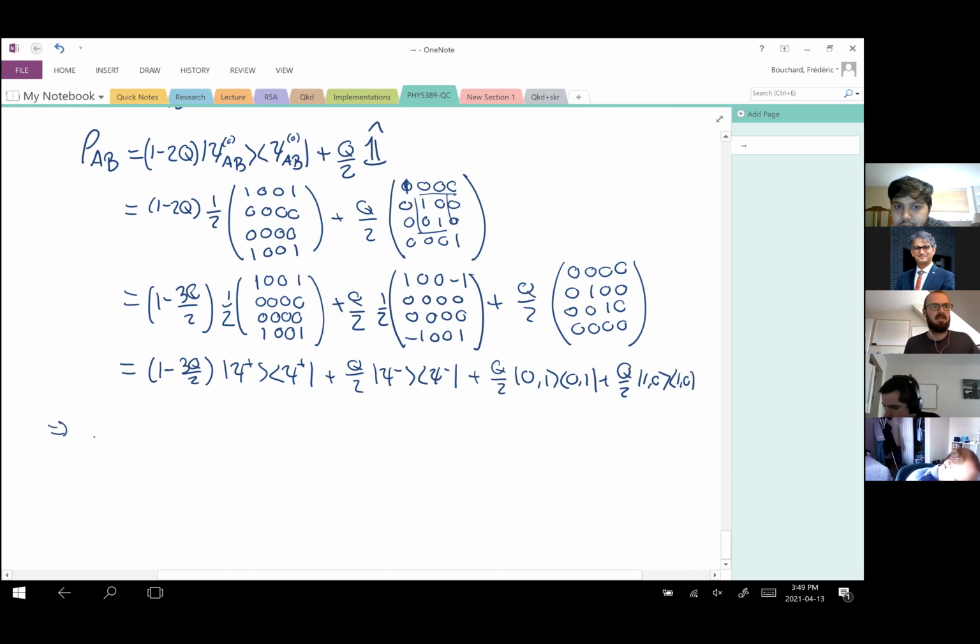So now we can calculate the purification that we give to Eve. And as I mentioned before, you take the square root of the eigenvalues, psi plus. This is for AB, and 0 for Eve.